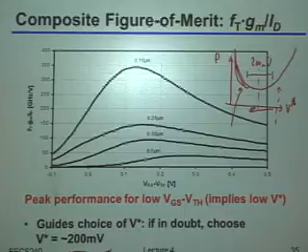That's what I was applying here on the slide. If you're not sure what to do with V star, start with 200 millivolts. It's usually a pretty good guess. Then you can move it around a little bit, and you'll get a pretty good idea as to whether you should be much lower or much higher. But if in doubt, just start with 200 millivolts. That's probably a pretty reasonable guess to use. Does this make sense to everybody?